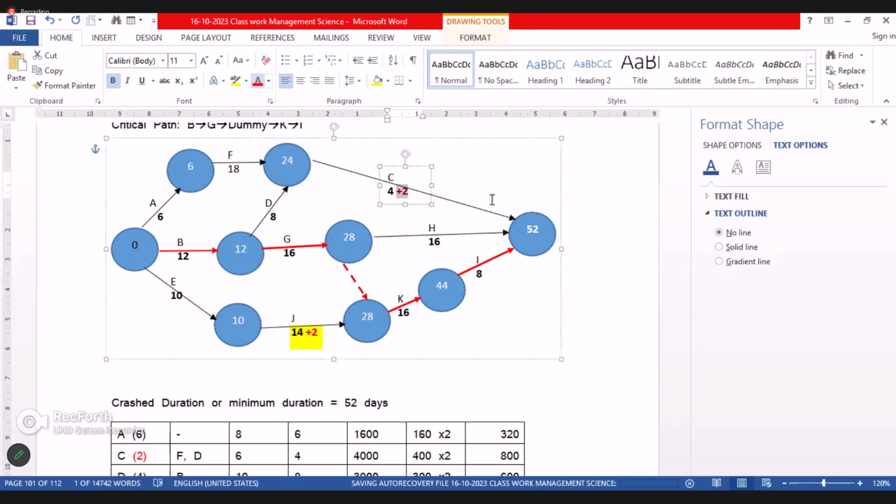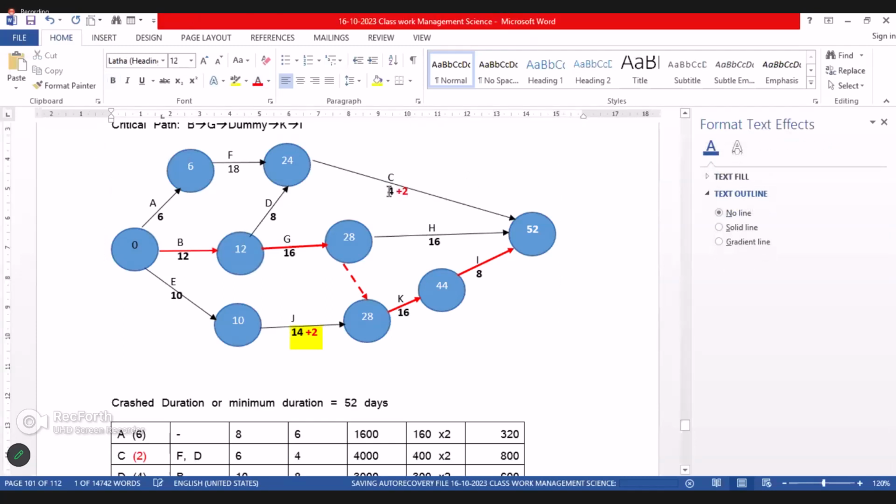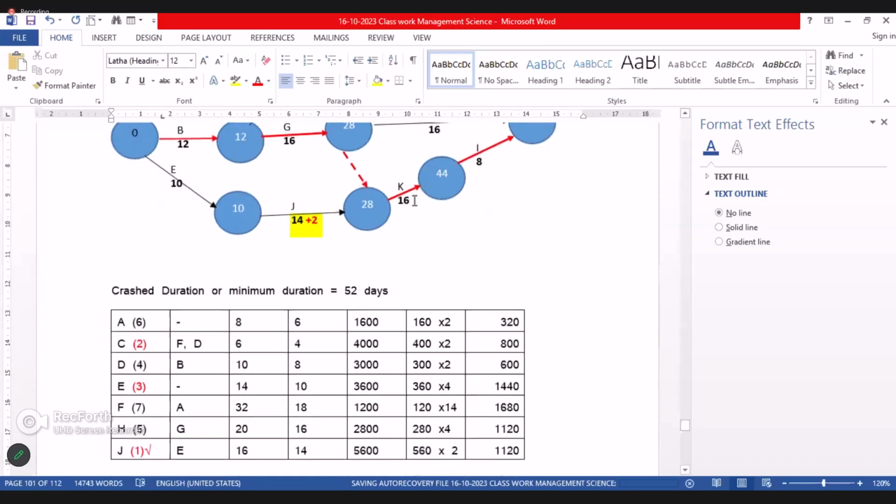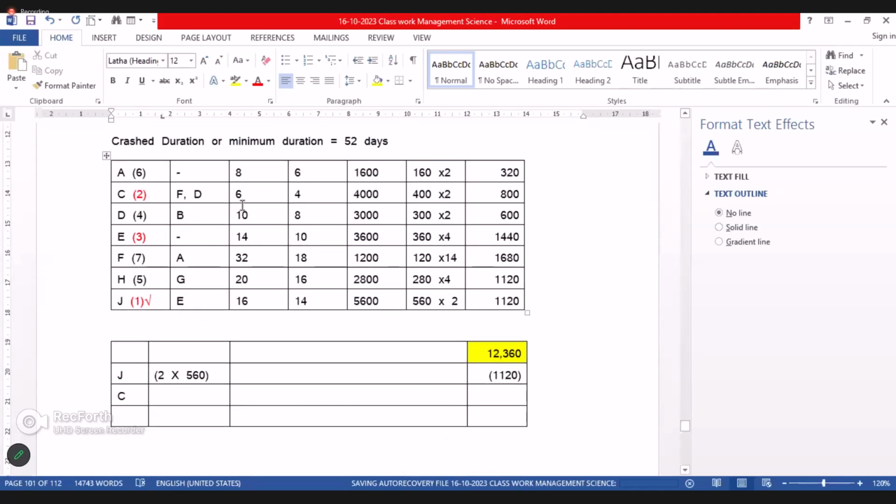No, because you see that these are non-critical activities. We reduced it unnecessarily. The cost is increased by how much due to these reductions? 400 into 2, 800.